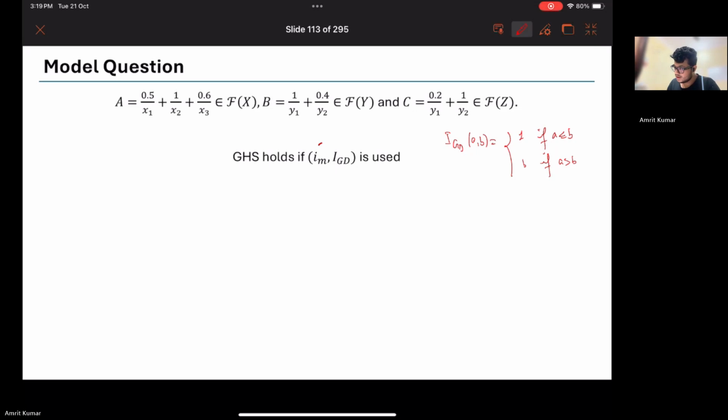Now, let us compute the relation R1. That is this, the outer product of A and B, and here the implication is the Gödel implication. So you have 0.1, 1.6, and you perform this.